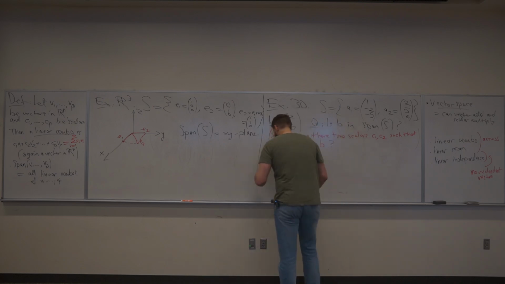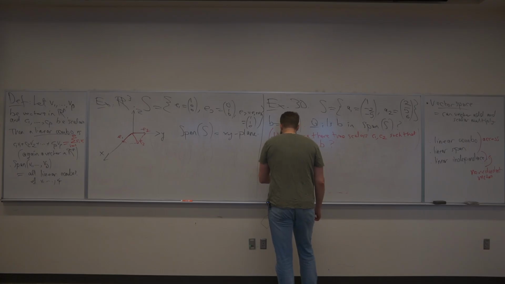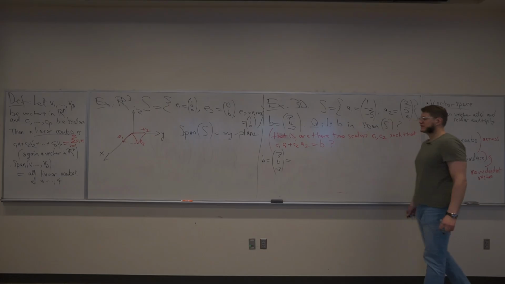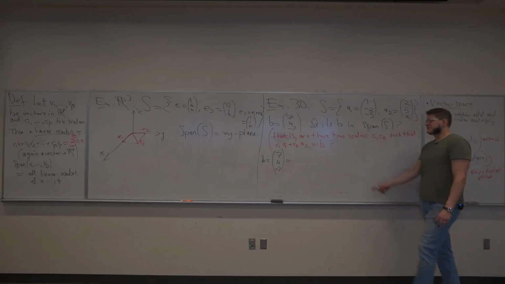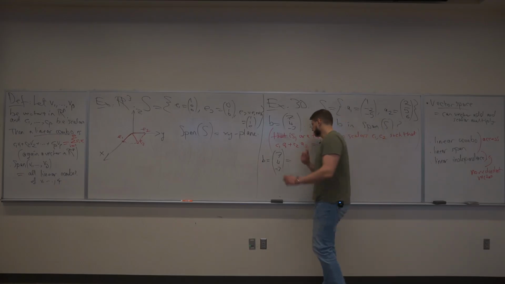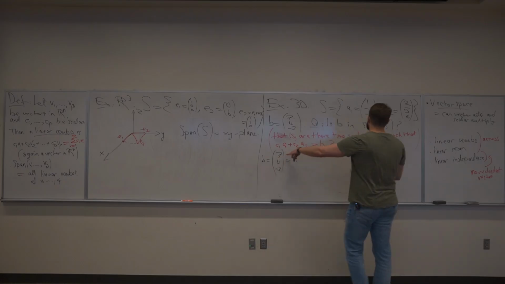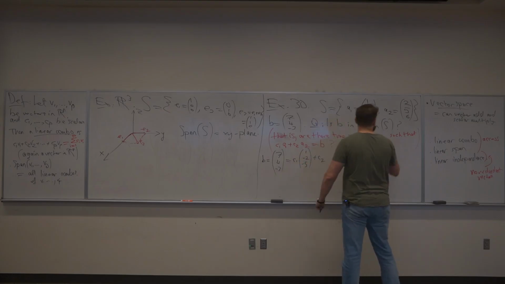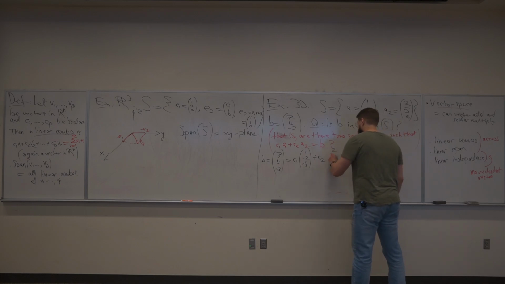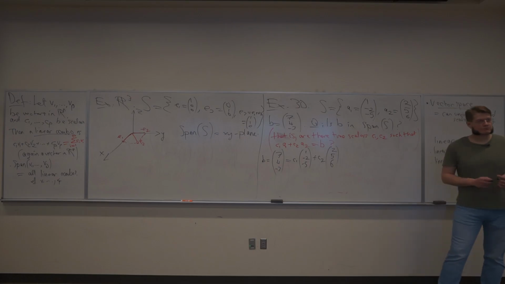So B equals (7, 4, -3). And how do you come up with something like this? You say, let's suppose that there's a C1 and C2, and try to do some manipulations with this equation and see where it takes us. C1 times A1, of course, I'm going to write this now, plus C2 times this other one. Just substitute it.